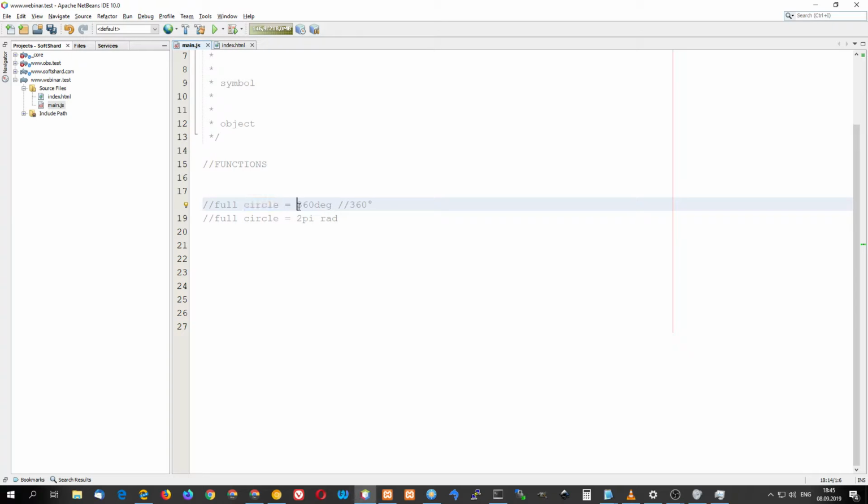So a full circle is either 360 degrees or 2 pi in radians.